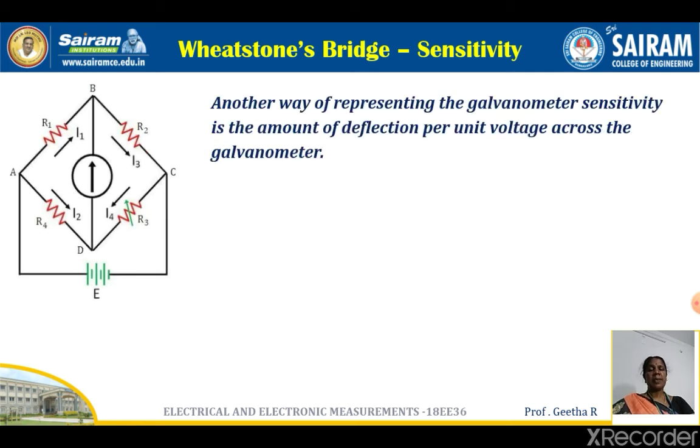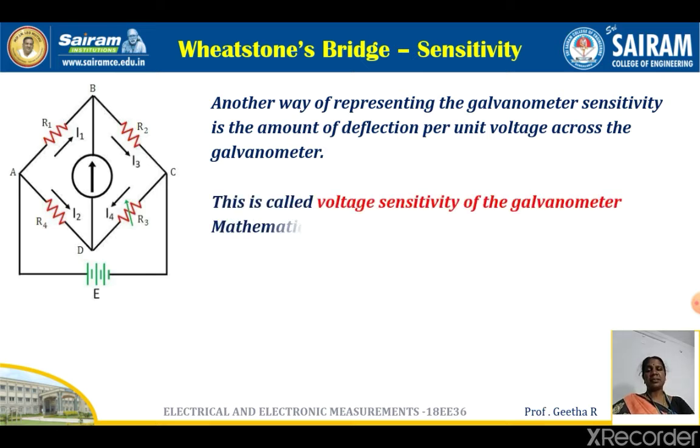Another way of representing the galvanometer sensitivity is the amount of deflection per unit voltage across the galvanometer. When it is expressed as deflection per unit current, it is called the current sensitivity of the galvanometer.